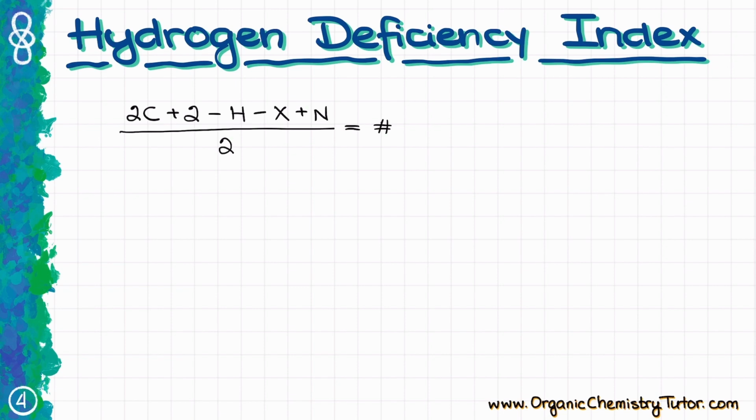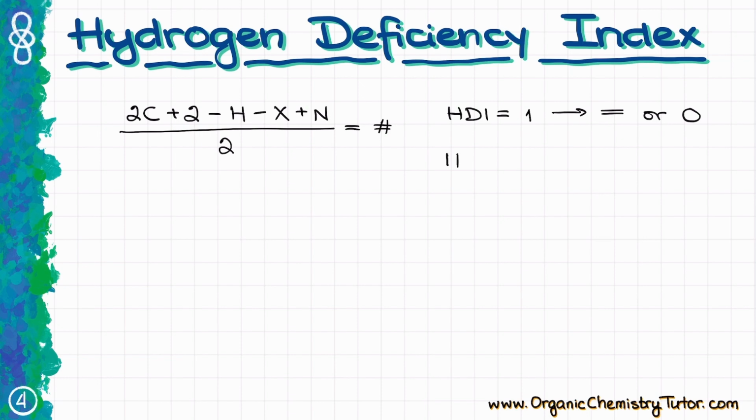Each degree, each number that we get out of this formula means that you have either a double bond or a cycle. So a triple bond, for instance, is going to take 2 degrees. And that's important because this gives you the types of features that you might potentially see in your molecule. So if my HDI equals 1, then I'm going to expect either a double bond or I'm going to expect a cycle.